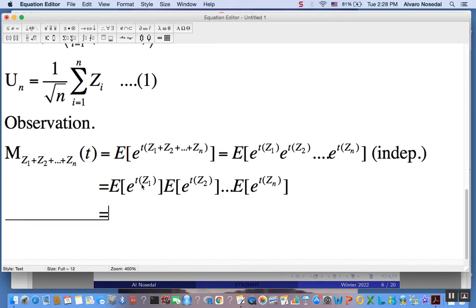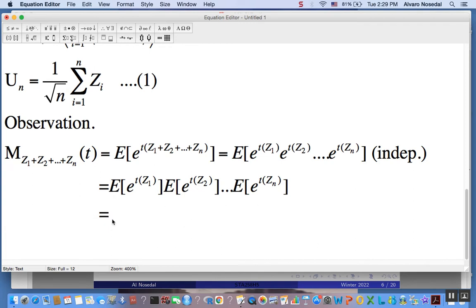Meaning that the distribution, the family to which they belong, say it was binomial, then this guy is binomial with the same parameters. This guy is binomial with the same parameters. So the MGF of all of them are the same. They are identically distributed.